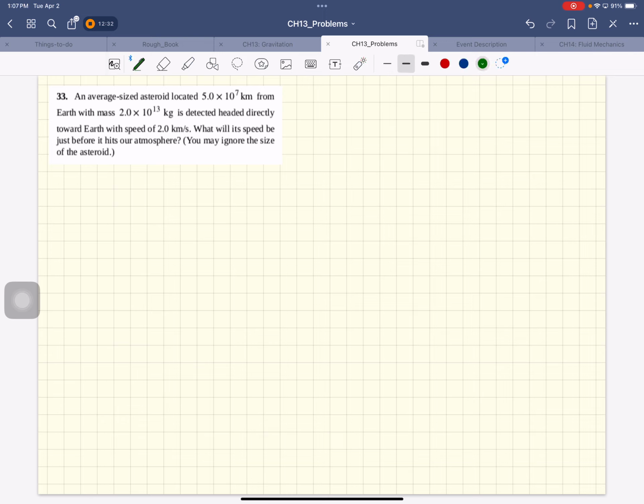Okay, so it's going at 2 kilometers a second.